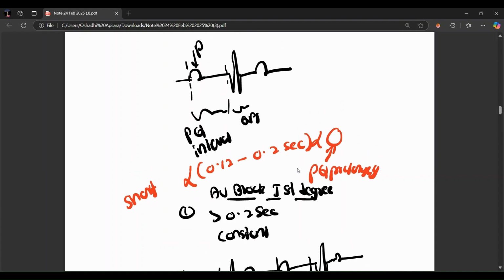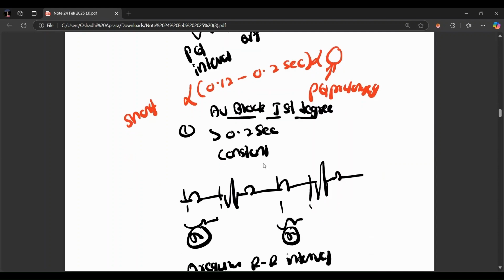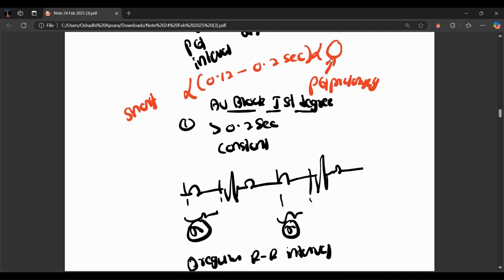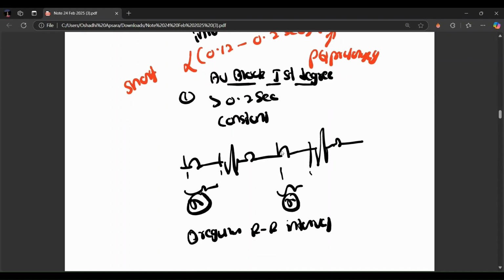What is the duration of the PQ interval? It is 0.12 to 0.2 second. If the PQ is more than 0.2, we call it prolonged. If it is less than 0.12, it is short.